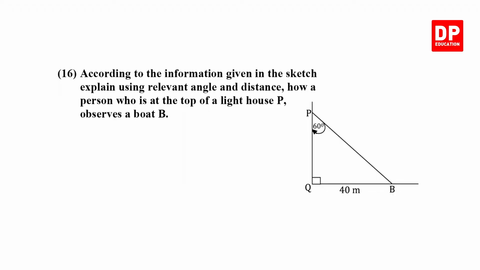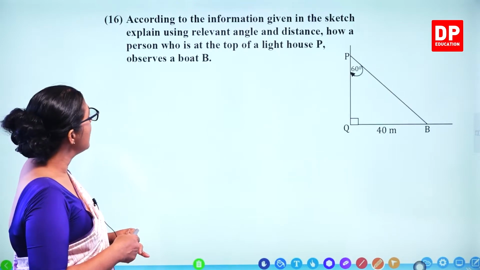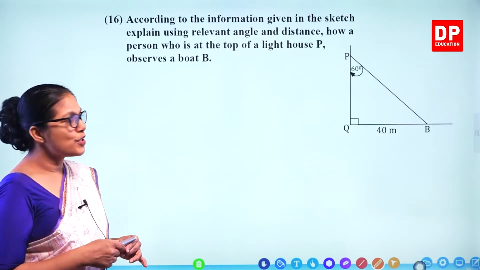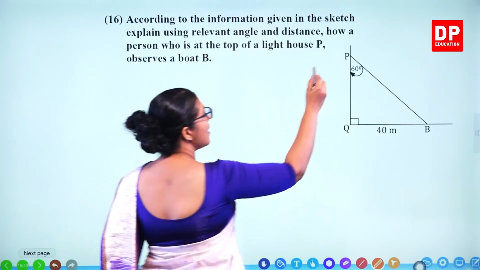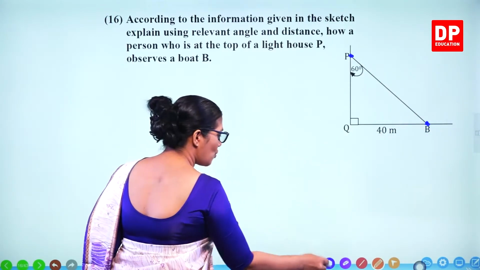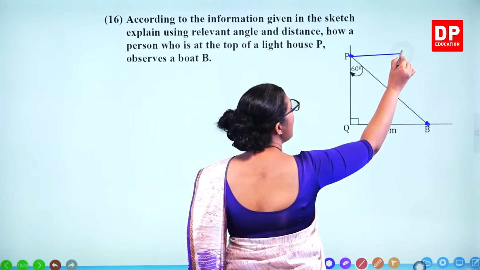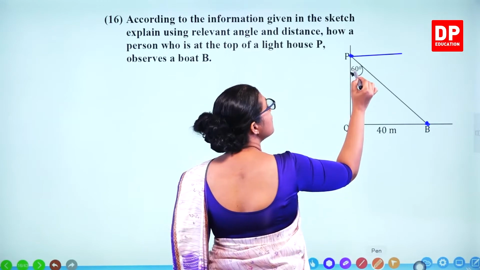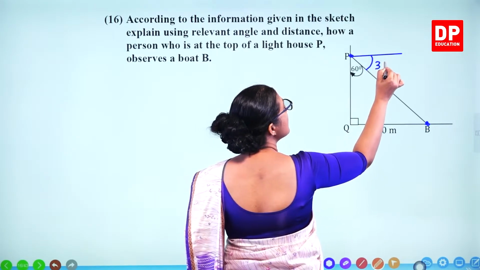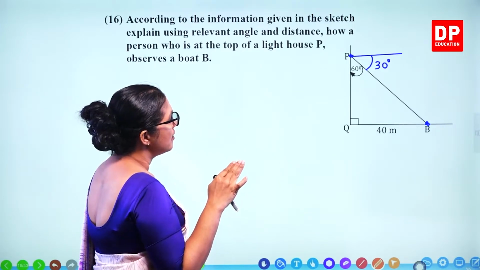According to the information given in the sketch, explain using relevant angle and distance how a person who is at the top of a lighthouse P observes a boat B. From here, how do you explain this position? So here what we can do, when you draw a horizontal line, we know that if this is 60, this is 30 degrees, because this is a perpendicular line.